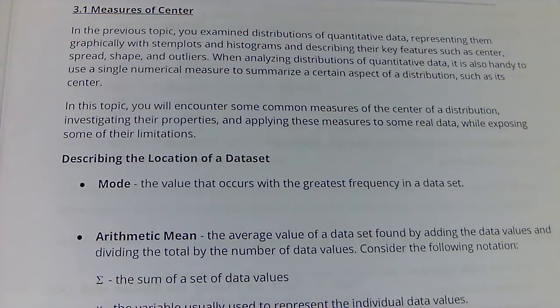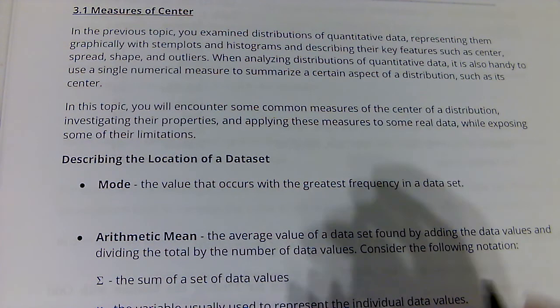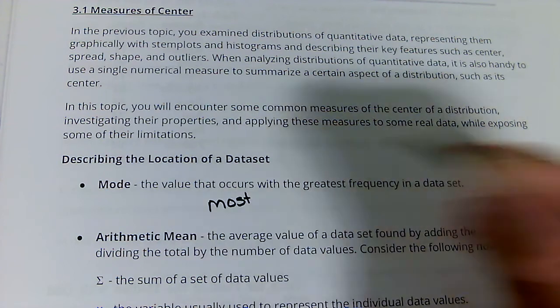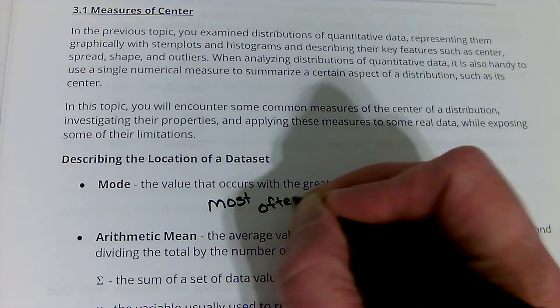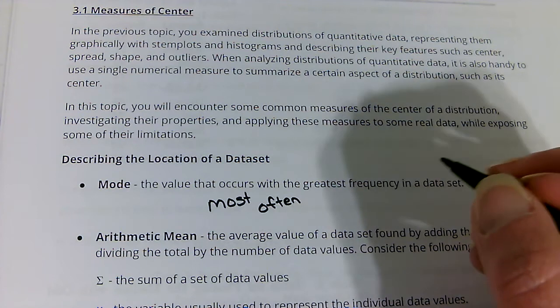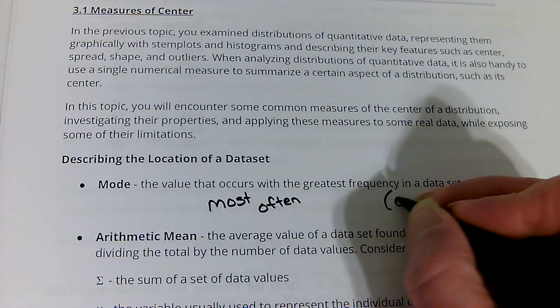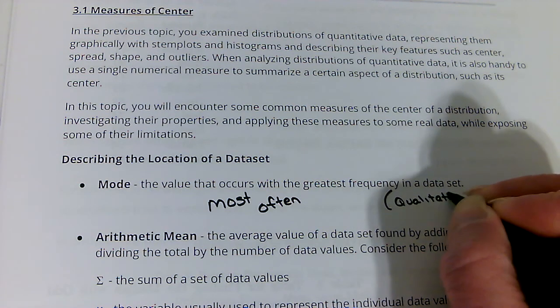The first is mode. It occurs with the greatest frequency. It occurs the most. Mode, most often. This is mainly going to be with qualitative data.